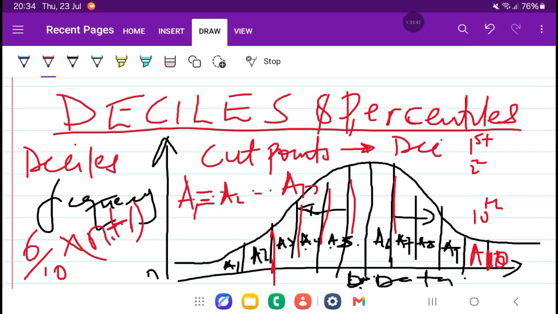But when you are given classes, we don't have the individual values. We don't actually know how many numbers are within the group, but we just have the data set that is arranged for us. We don't know the individual values that represent whatever frequency they have given to you.